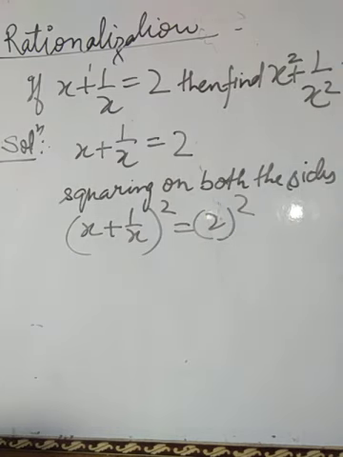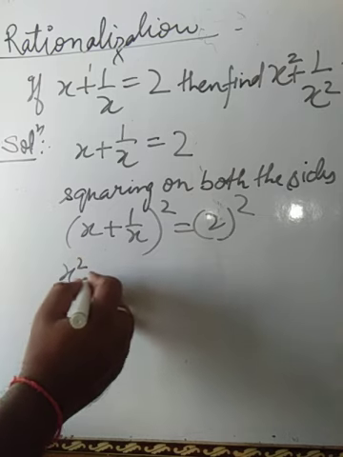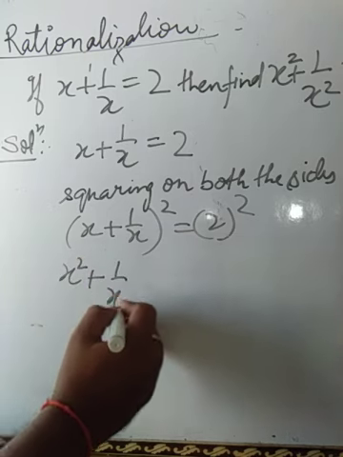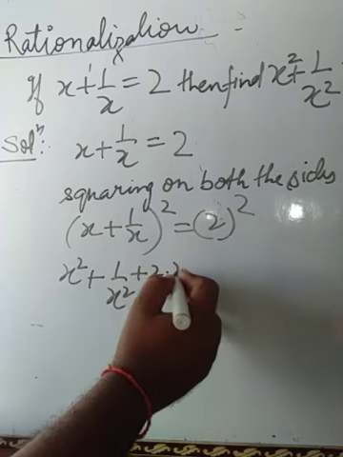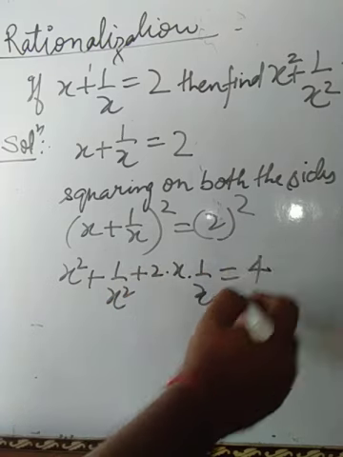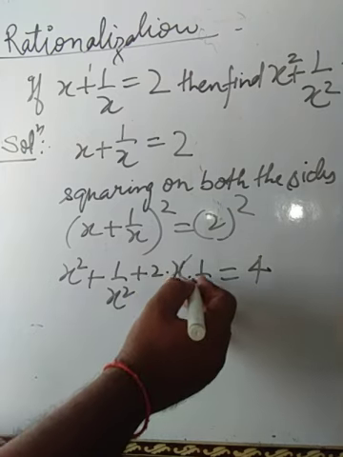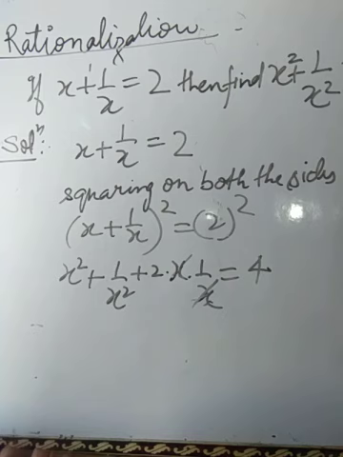We know the identity a plus b whole square. It is given in class 7th as well as in class 8th. So on squaring, this will be the square of the first term x square, the square of the second term 1 upon x square, plus 2 into first term into second term, equals 4. Now this 2 x and x cancel out.